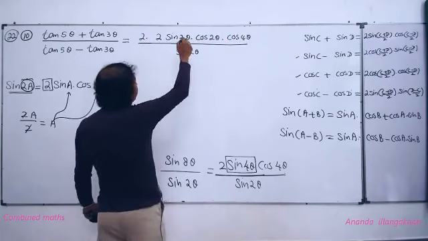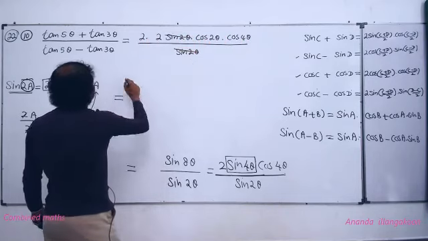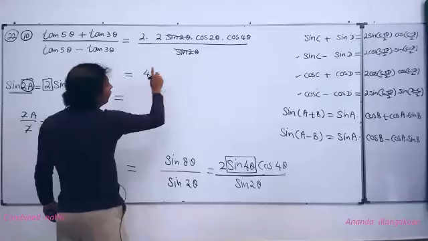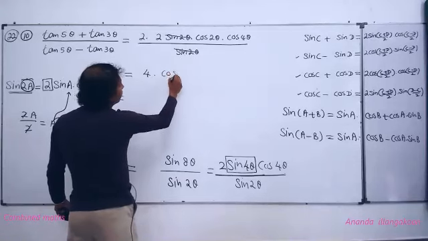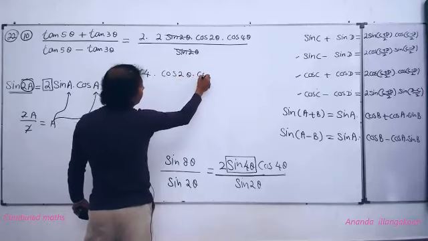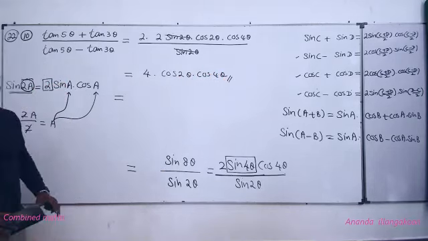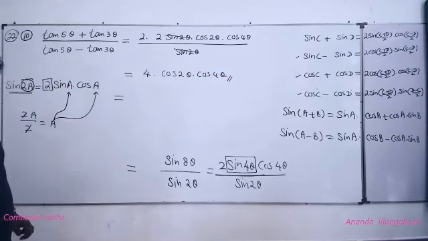This sin 2 theta you can cancel with this sin 2 theta. Then 2 and 2 make 4 cos 2 theta cos 4 theta. That's how we get that.